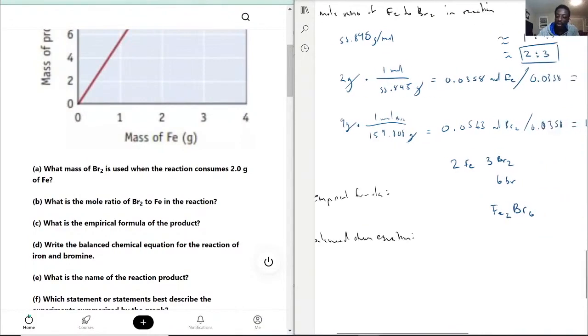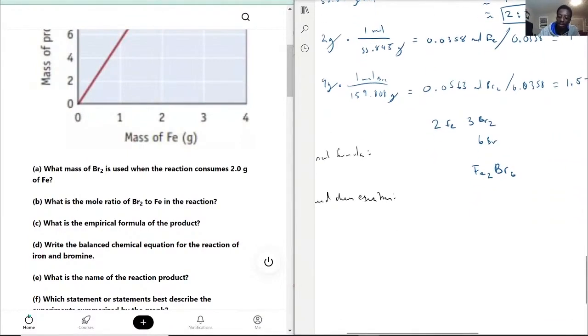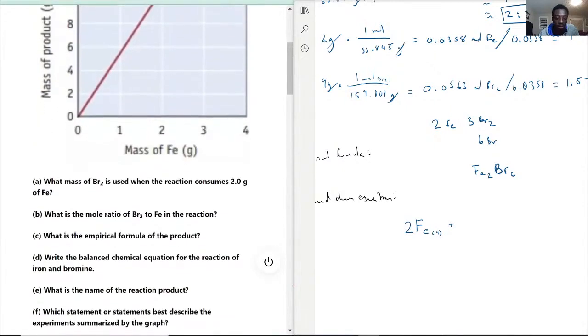Okay, for this, because we have Fe2Br6, we can do, in simplified form, 2Fe solid plus, let me check here, liquid bromine, perfect.